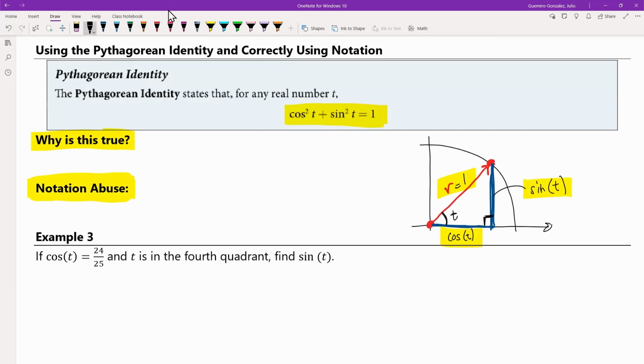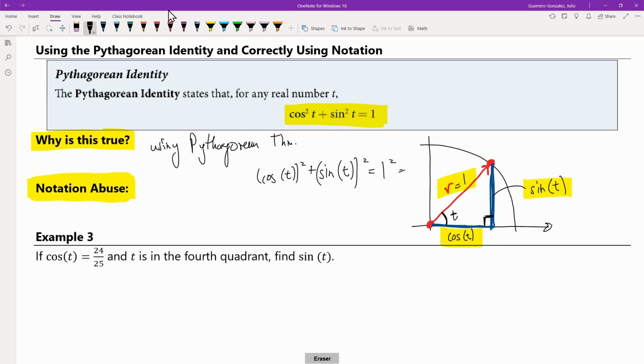So using the Pythagorean theorem, we have this: cosine of my angle t squared plus sine of my angle t quantity squared has to be equal to 1 squared, which is 1.